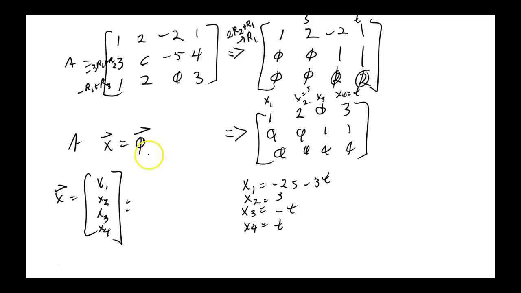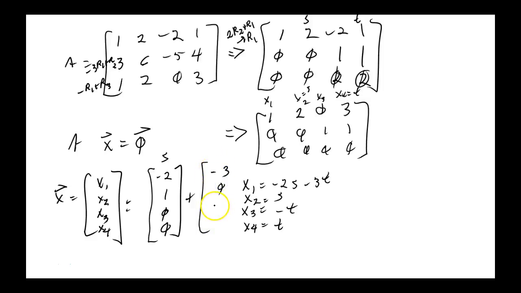But if you wrote it using these, if this is your s, this is minus 2, 1, 0, 0, plus minus 3, 0, minus 1, 1.